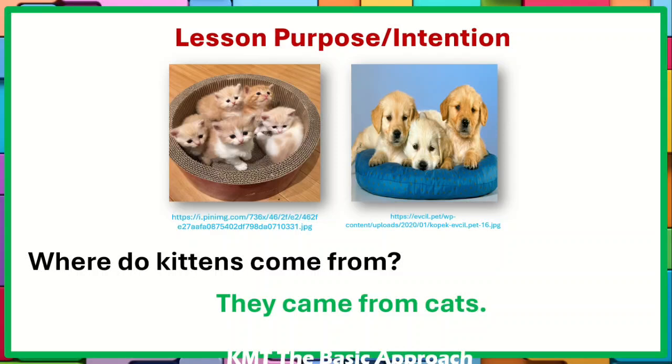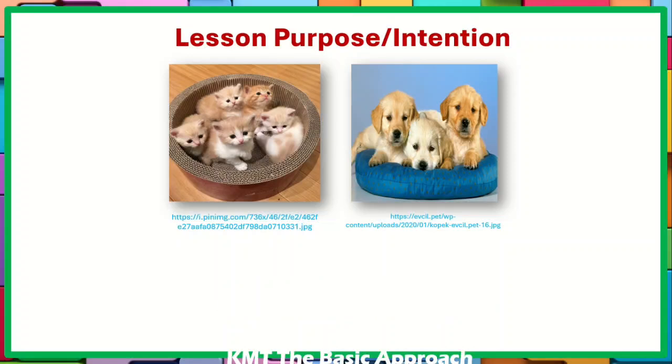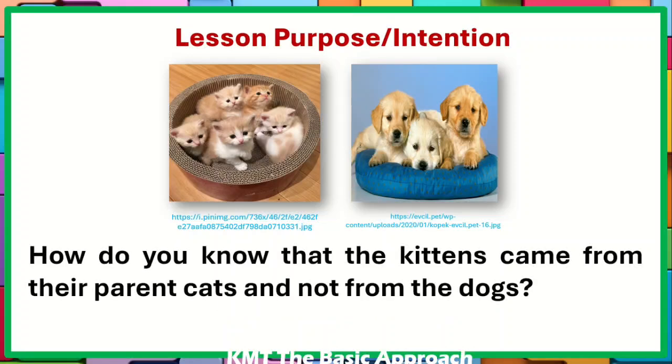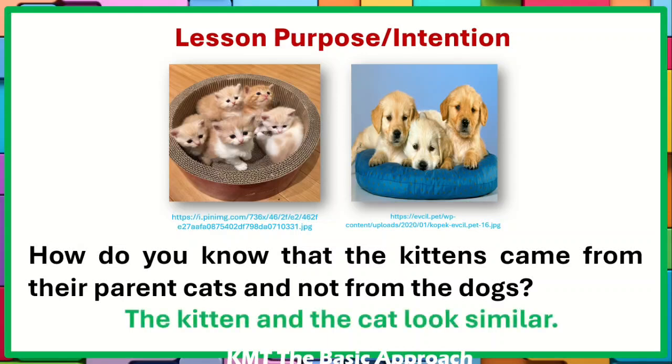They came from cats. How do you know that the kittens came from their parent cats and not from the dogs? Very good. The kitten and the cat look similar.